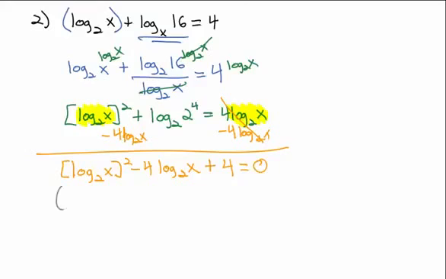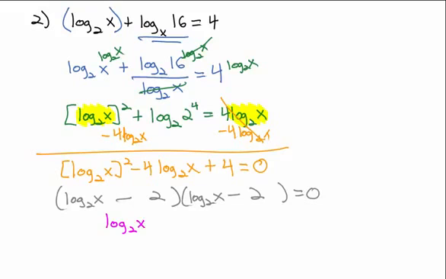And now we're ready to factor this expression. Log base 2 of x squared is log base 2 of x times log base 2 of x. 4 is 2 times 2, and they're both negative. So they're both actually the same factors, so we're just going to do this once instead of twice.